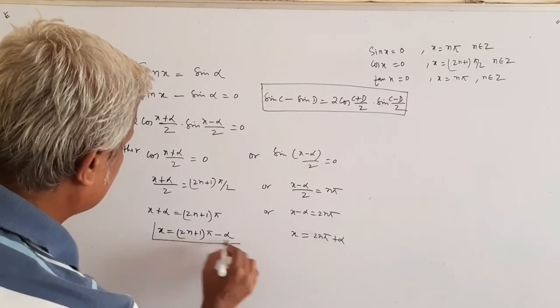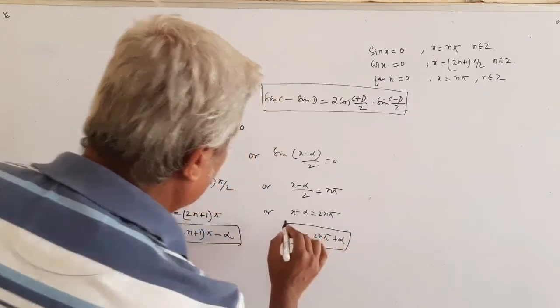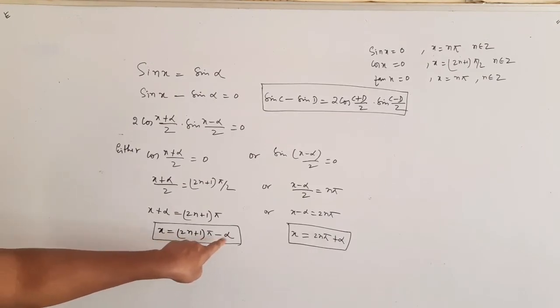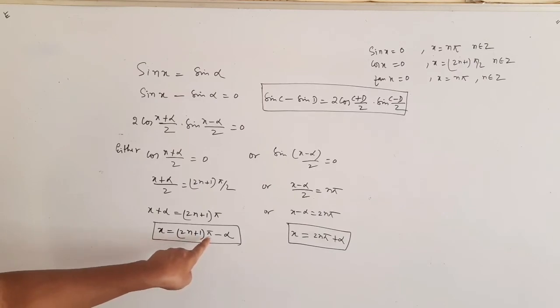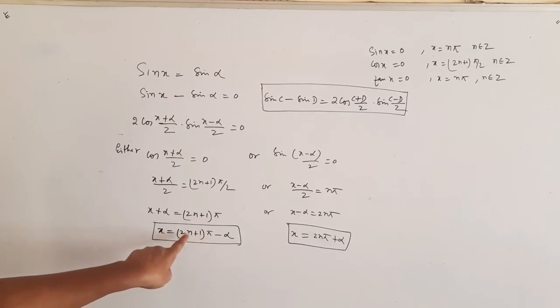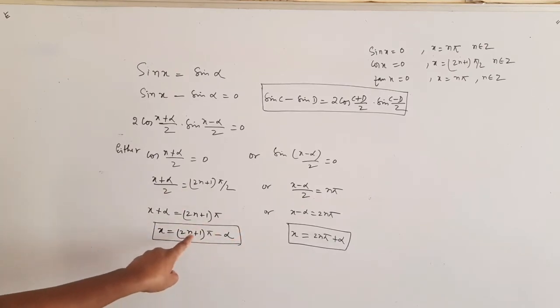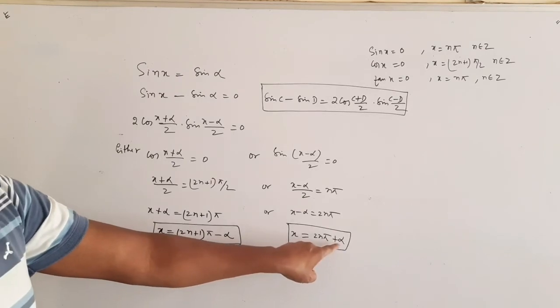Now look at these two terms properly. So (2n plus 1) pi minus alpha means odd multiple of pi, because n is an integer, so 2 times integer plus 1 is always odd. So odd multiple of pi minus alpha, even multiple of pi plus alpha.